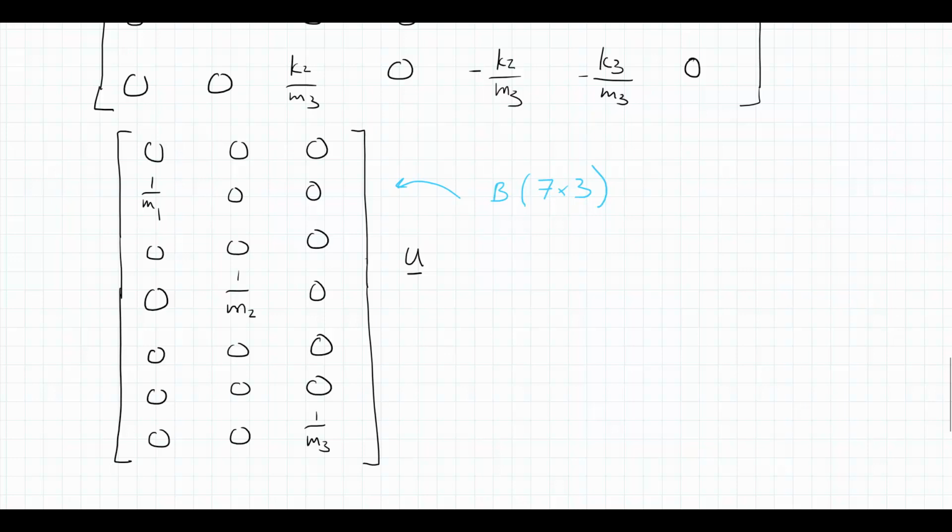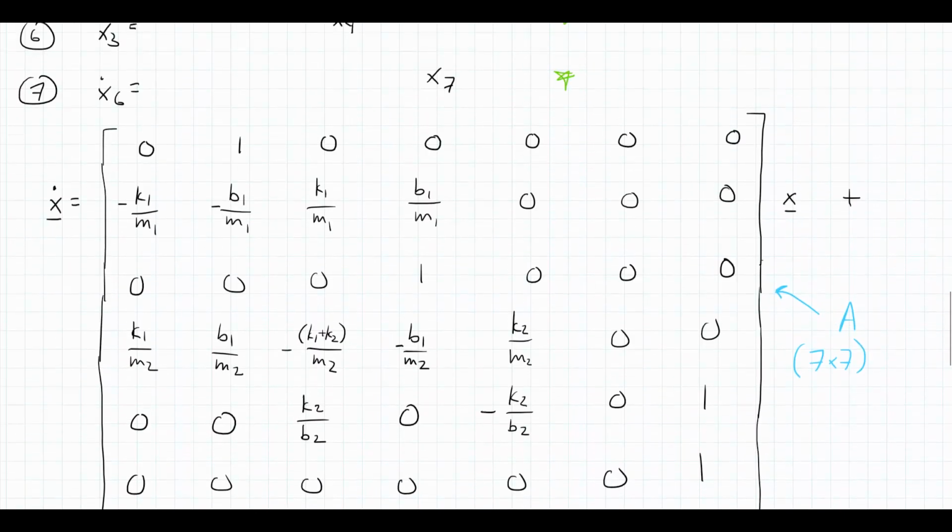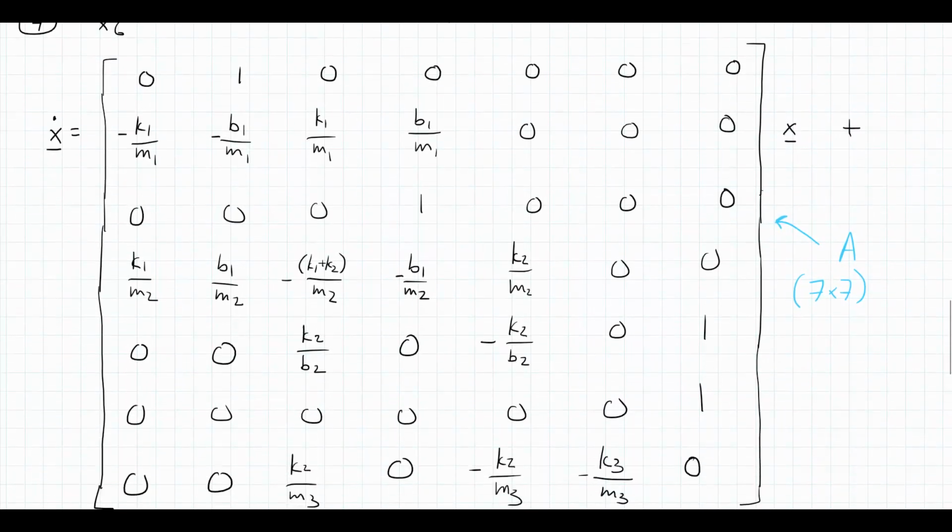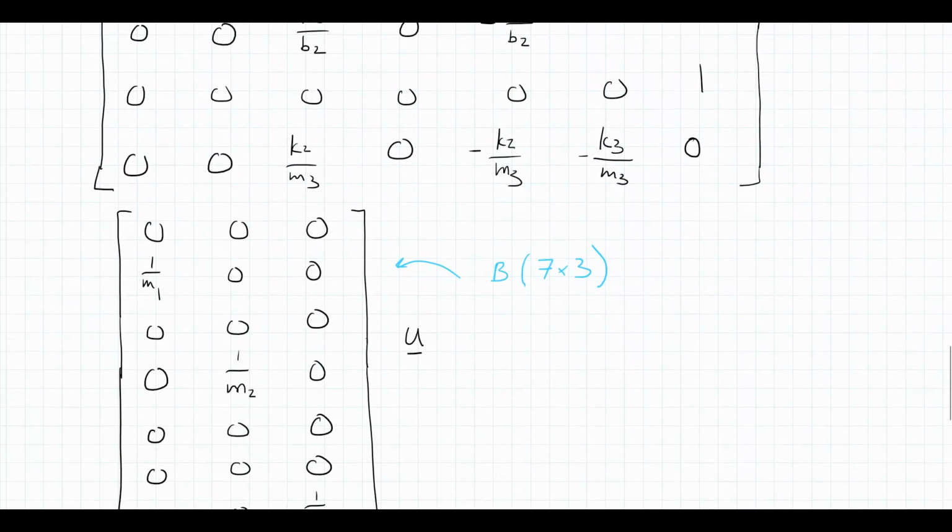But this is that state equation, x dot equals Ax plus Bu. And that's what I have here. Again, remember that u, just since we haven't seen a multi-input one before, u was equal to u1, u2, u3, which corresponded to F1, F2, F3.